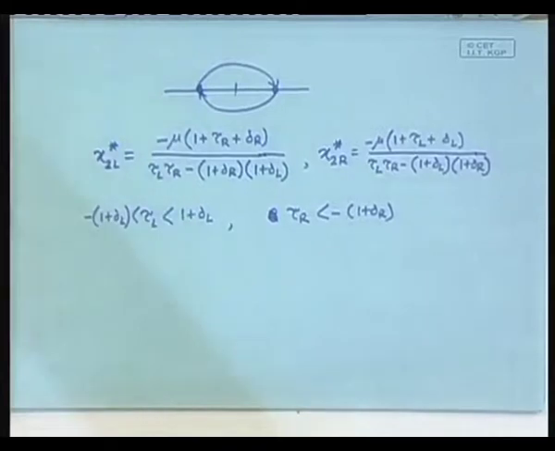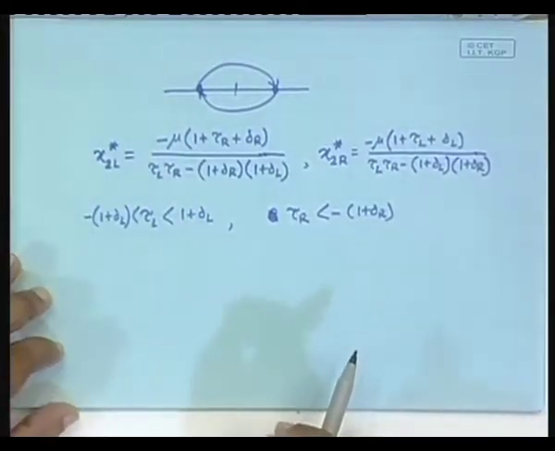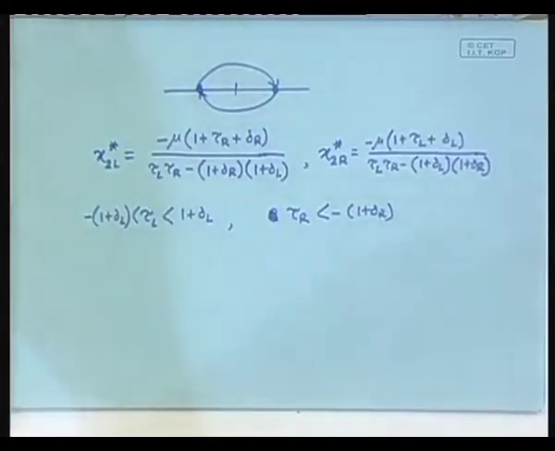Now let us look at the stability condition of this period 2 orbit. What is the stability condition? When will this period 2 orbit be stable? You have to talk about its eigenvalue, right?